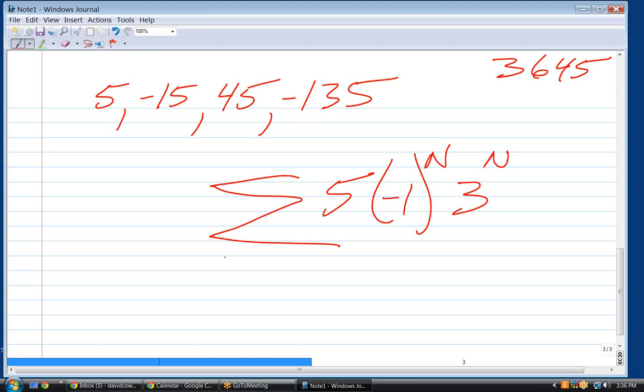Let's see, if n goes from 0 to infinity, the first term would be 5. Second term would be positive, but it would be 3 squared, 45, so that's not it.